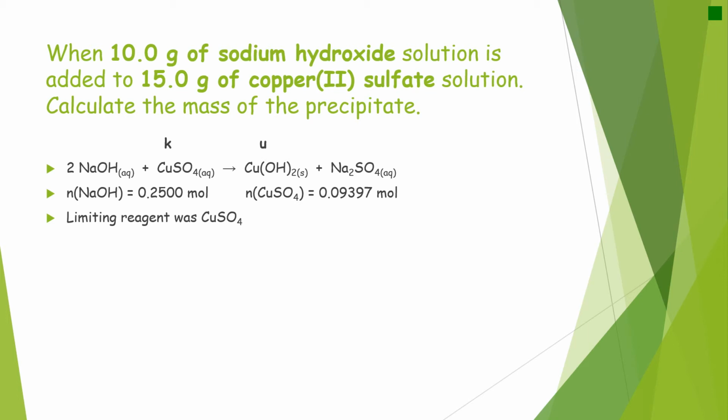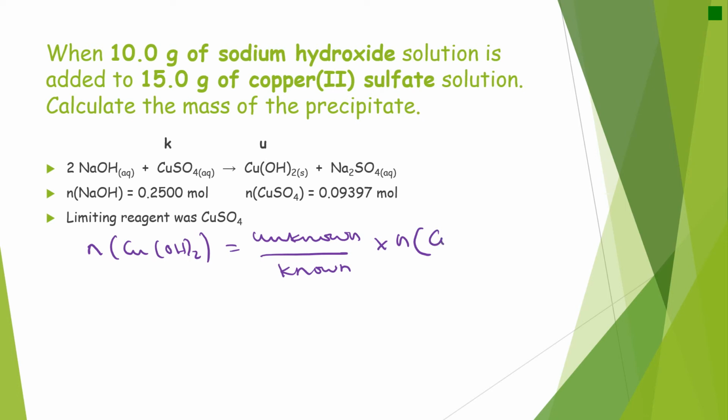So now that I've got my moles known, which is the copper sulfate, I can go ahead and find the mass of the precipitate by finding the moles unknown of copper hydroxide. So the number of moles of copper hydroxide will equal the unknown over the known times the moles of the known, which remember has to be your limiting reagent.